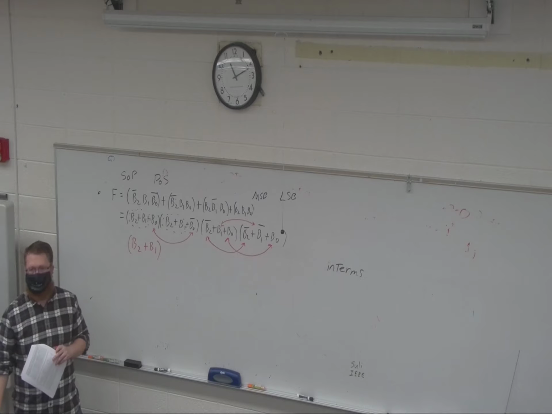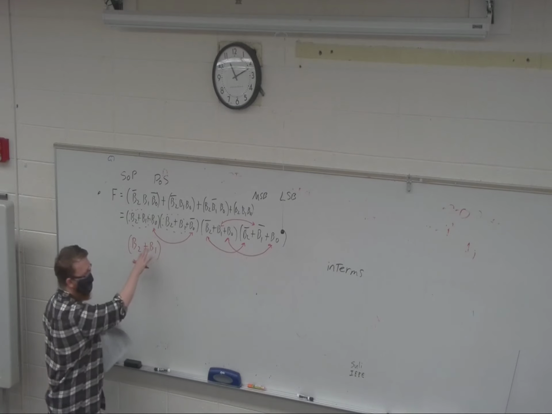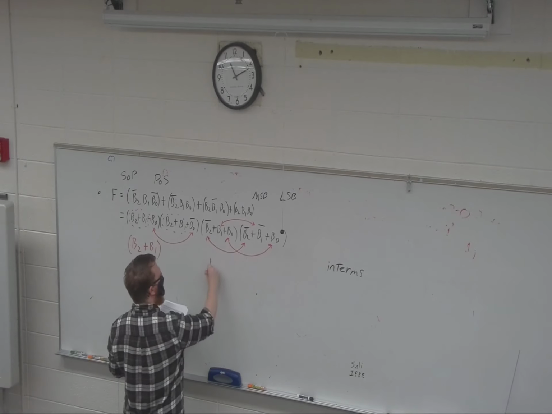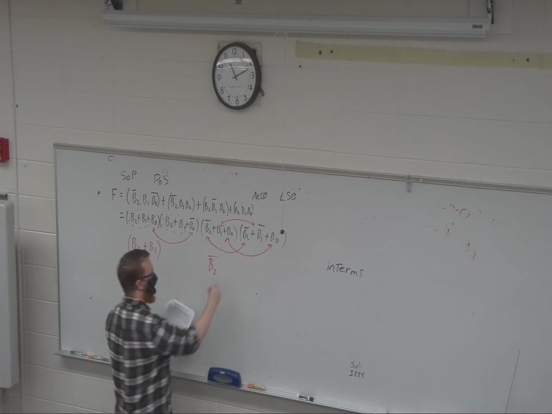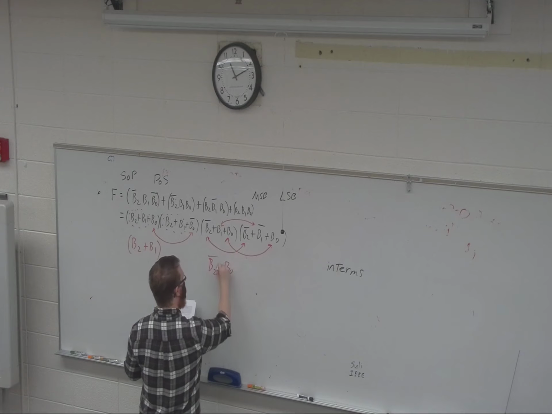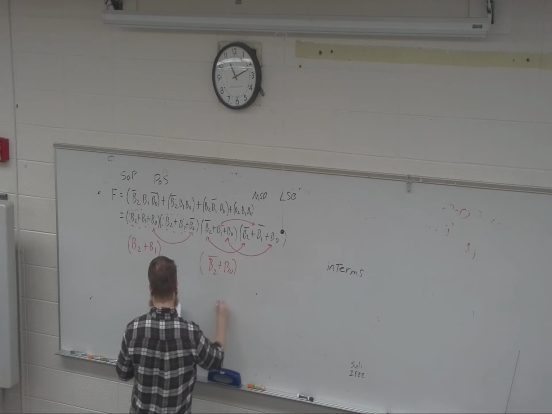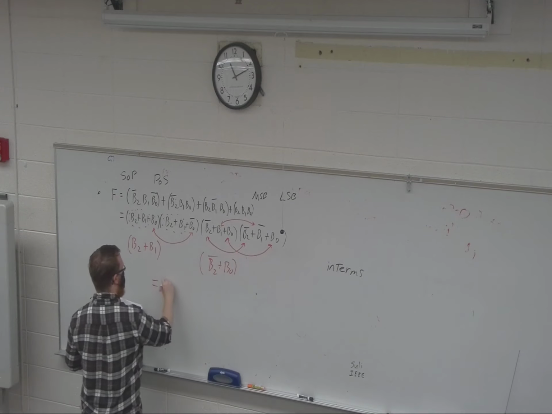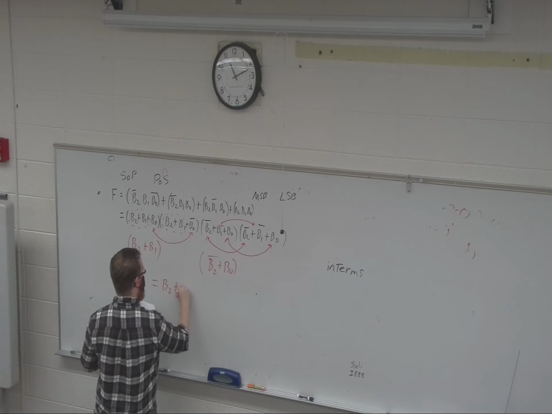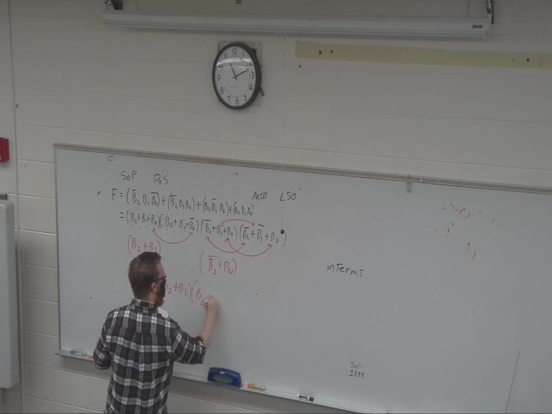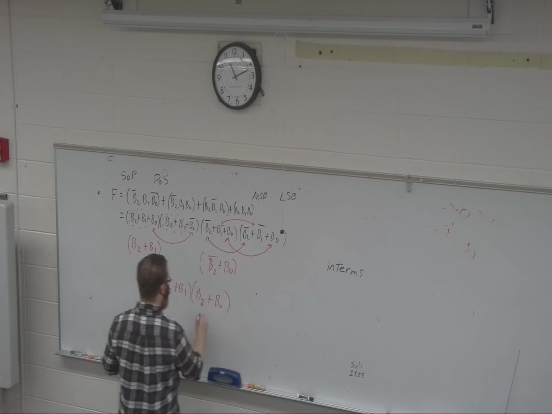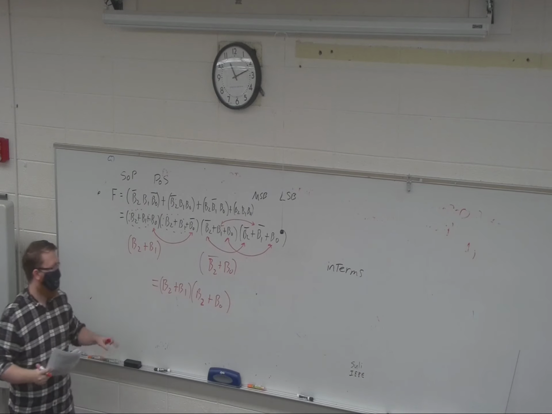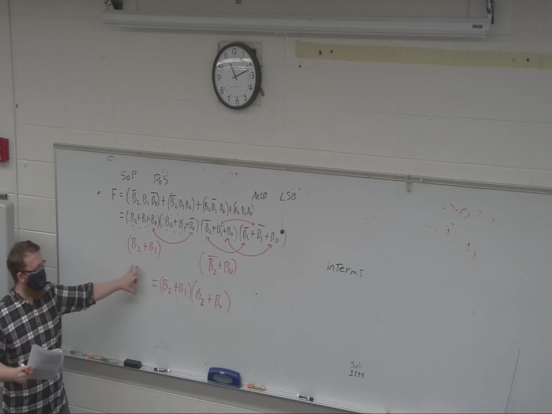Same methodology: B2 has a bar, B naught doesn't. So therefore we can say that is equal to that.